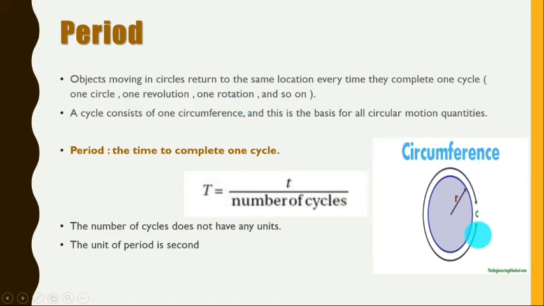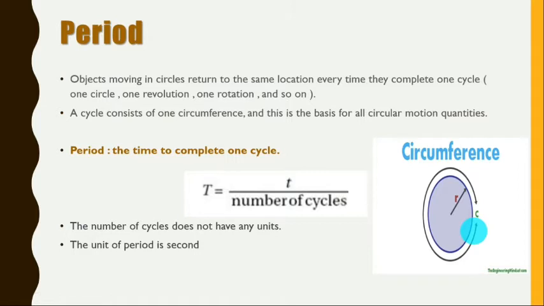So when you hear any of these words, you have to know that we are talking about what? The circumference of the circle. One circle means the circumference of the circle. I start from this point C, for example, then the object returns to the same point. So this is one circle, one cycle, one revolution, one rotation, and so on.